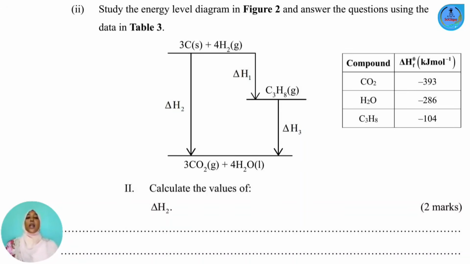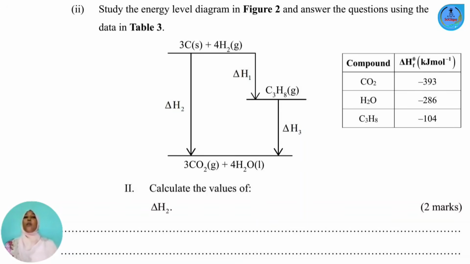We are told to calculate the value of delta H2. If we look at delta H2, this is the enthalpy change when carbon reacts with hydrogen, and we end up having carbon (IV) oxide and water. Let's pause there. If carbon was to directly react with hydrogen, we would not get carbon (IV) oxide and water, because as we can tell, these are oxides.